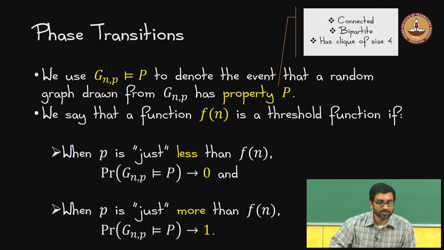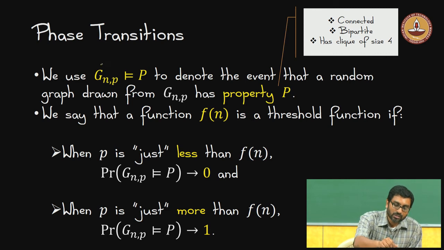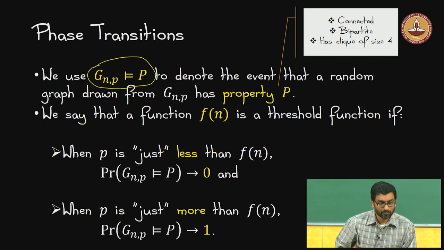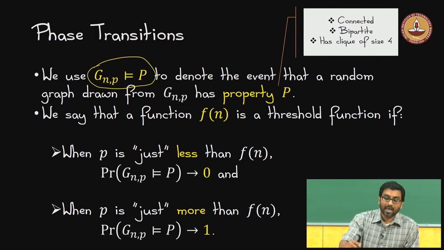Our focus, of course, will be only on G(n,p). We introduce a notation: G(n,p) models P, or has the property P. It denotes the event that a random graph drawn from this probability space has the property P. And what is the property P?